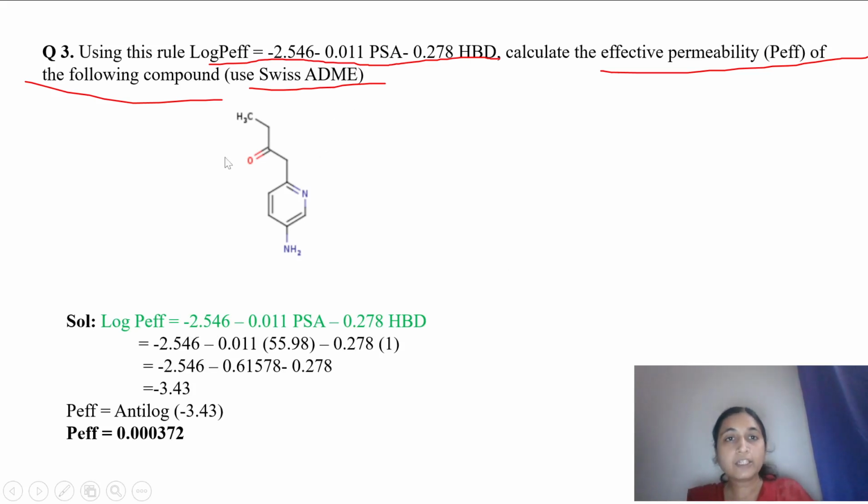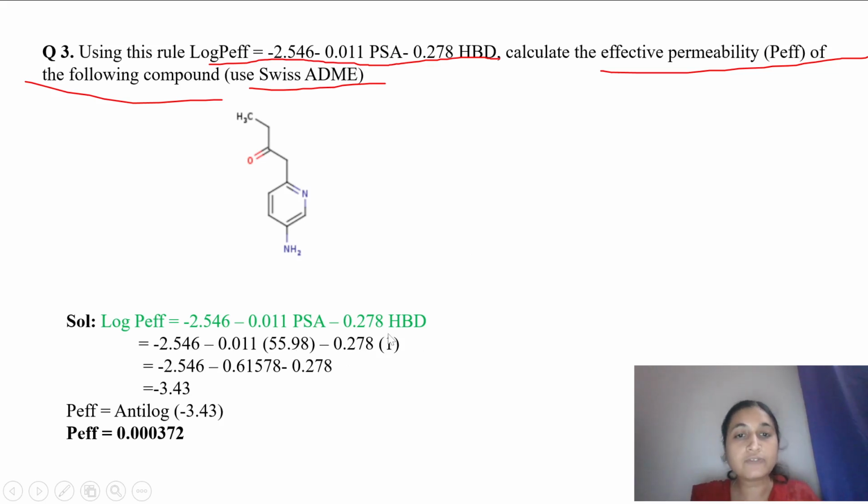So we write down this formula: log P effective equal to minus 2.546 minus 0.011 polar surface area minus 0.278 hydrogen bond donor. So we have seen in Swiss ADME these structures having PSA 55.98 Angstrom and hydrogen bond donor is 1.